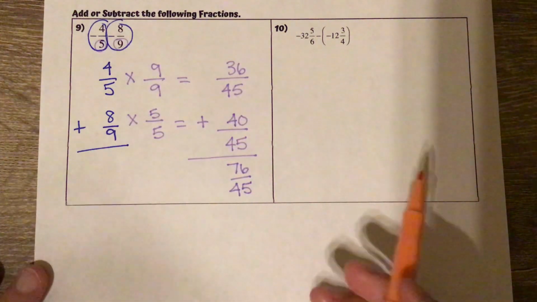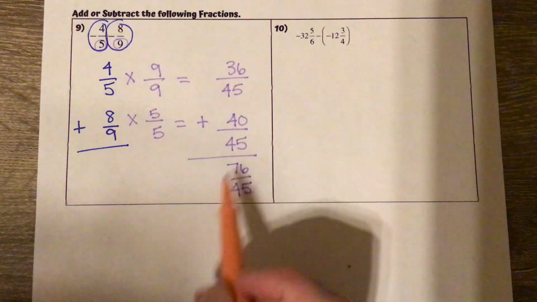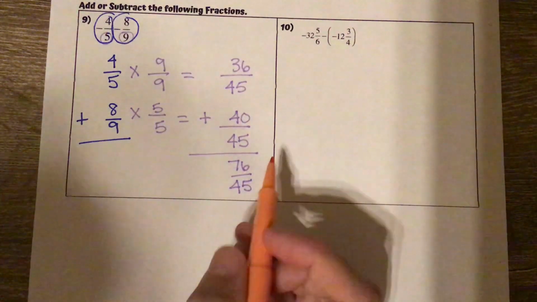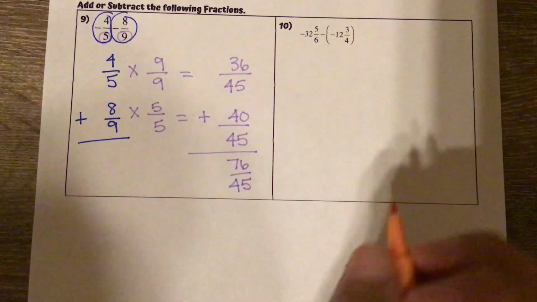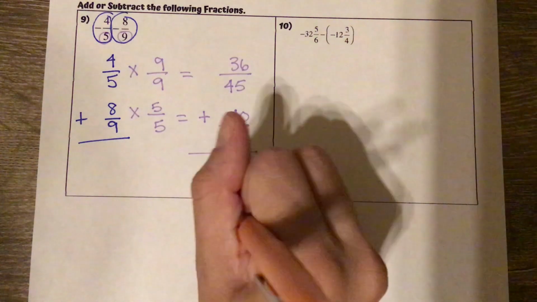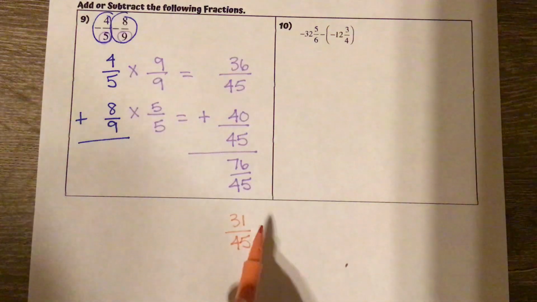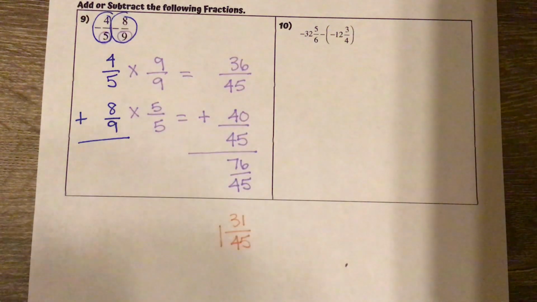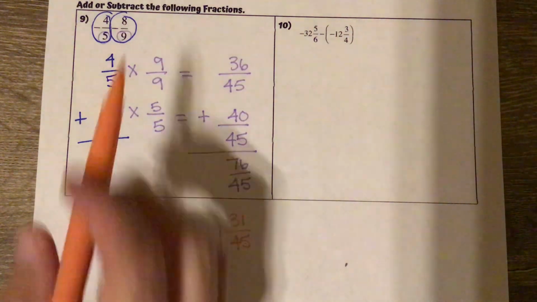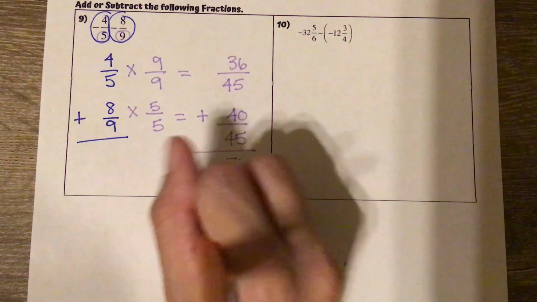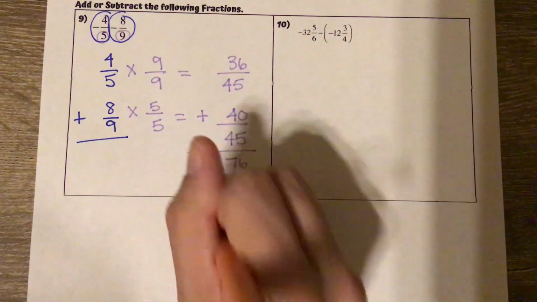If we look at this, 76 is bigger than 45, so we're going to subtract, and we get 31 over 45, carry the 1. So 1 and 31 over 45. We were adding negatives, so our result is negative.